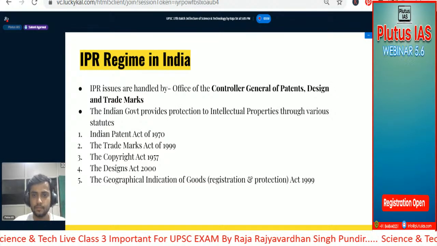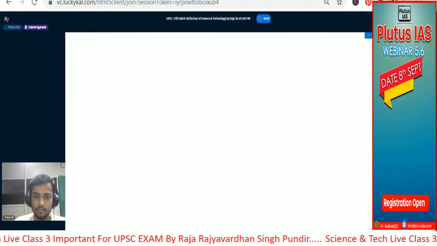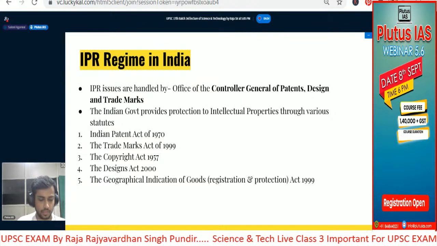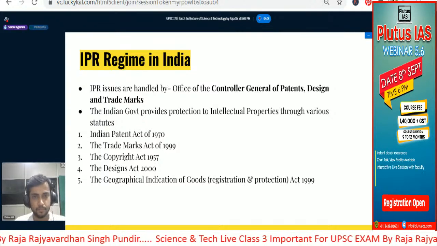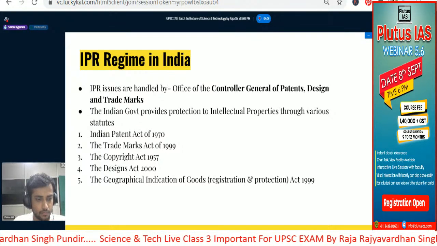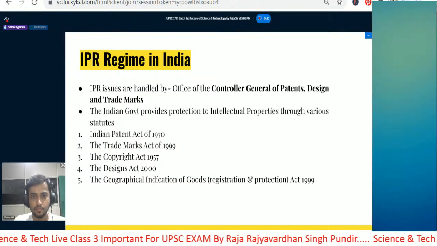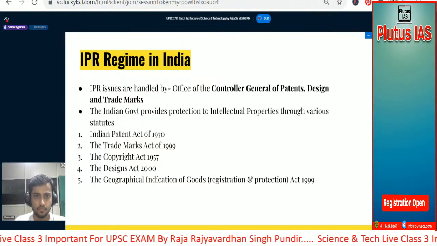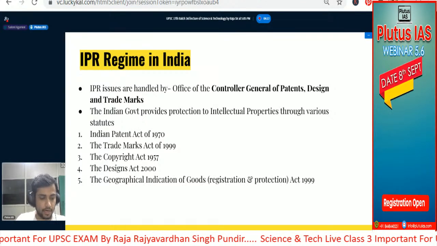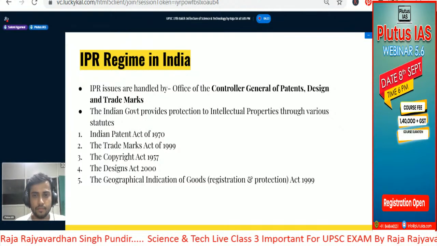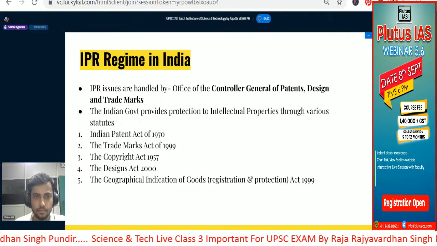Sir, in the role of IP protection regime, you gave an example of a cancer drug, right? And while explaining the patent itself, you said that a patent is basically related to industrial design, innovation, or technology. Yes, I said that. So in the example of the cancer drug, will that be included in patent?